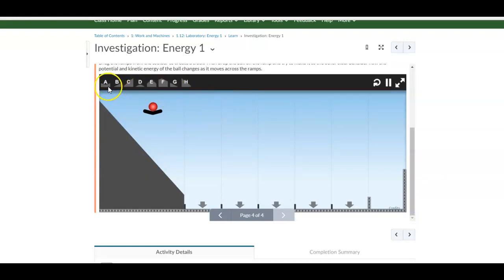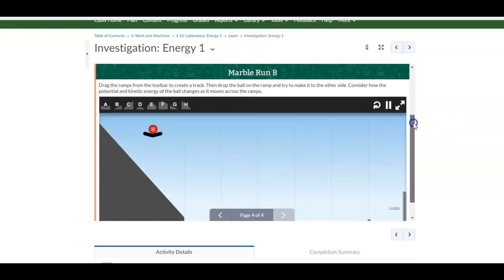So we've got to choose our pieces and figure out, let's look again at what we're trying to answer so you can see that. So in the model that we're building here, again, it's a simulation, you're not actually building a model. You drop the ball on the ramp and we're just trying to get it to the other side.